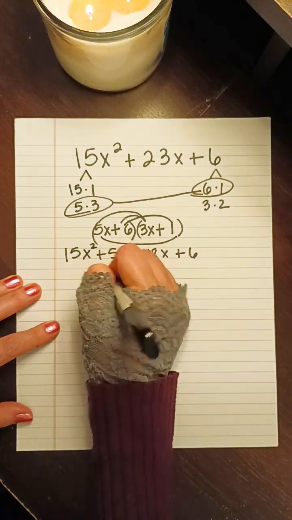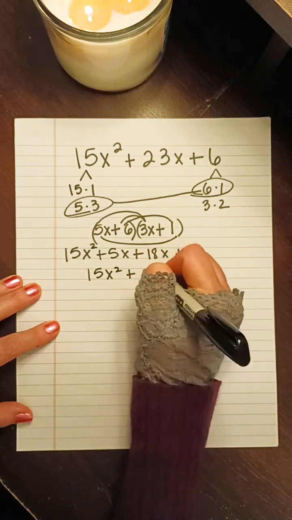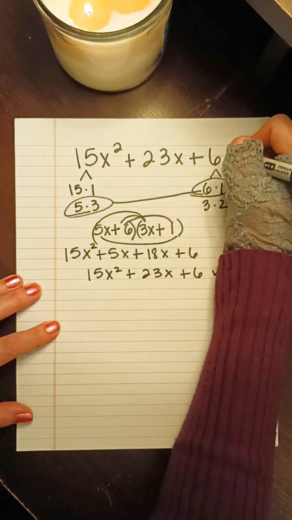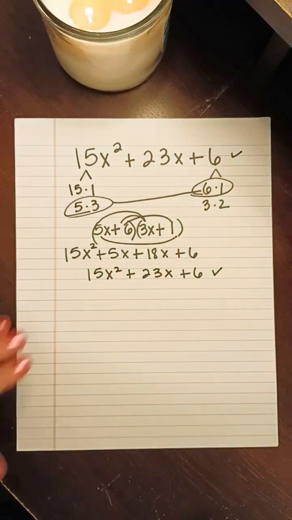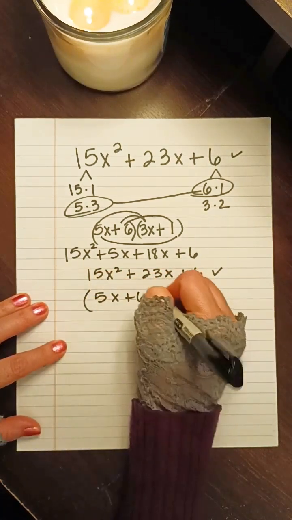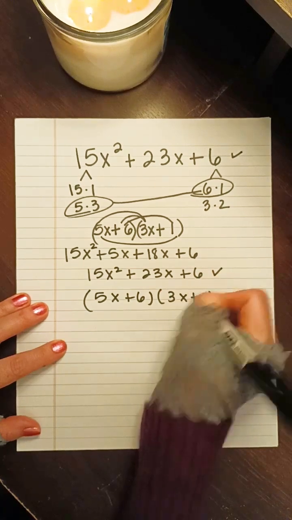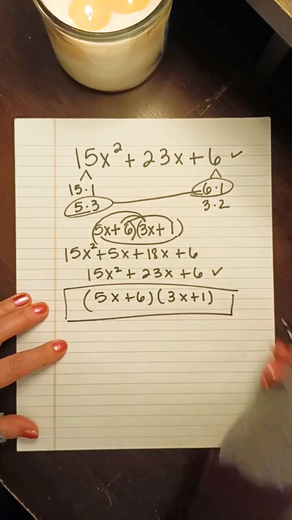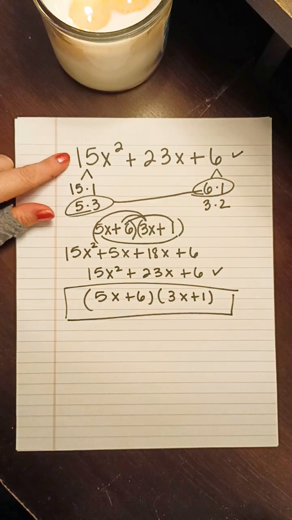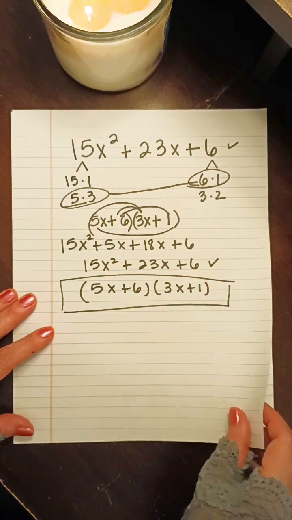So 15x squared plus 23x plus 6 is our original trinomial. And so these two binomials are the factors of our quadratic trinomial.